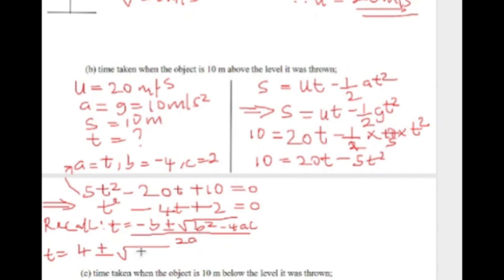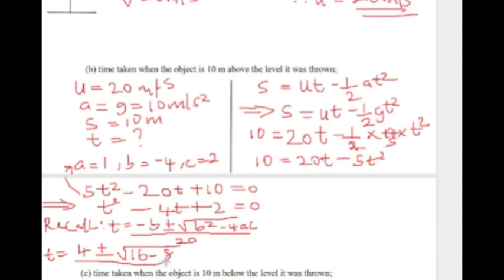We have b squared, that is minus 4 squared. The square of a negative number ends up as positive. This gives me 16 minus 4ac, that is 4 times 1. A is 1, not t. Always the coefficient. So that is 4 times 1 times 2, which gives us 8.